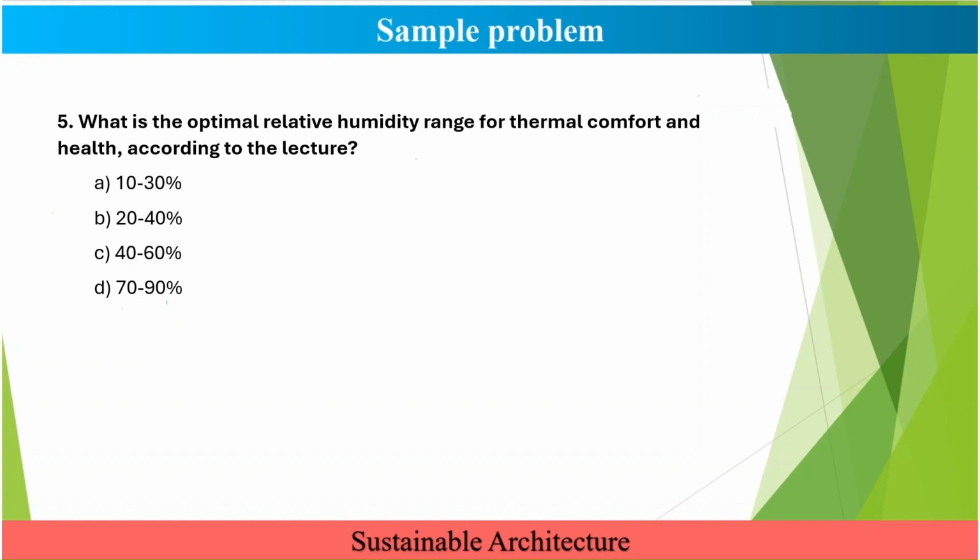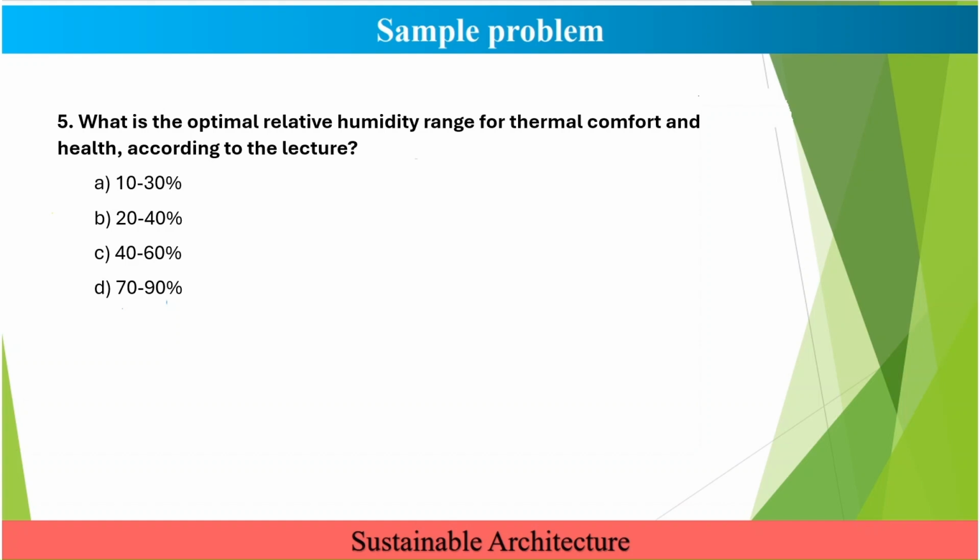The relative humidity range for thermal comfort and prevention of bacterial or viral growth is 40 to 60%, as it is explained in lecture 16. So B is not the right answer. Option C, which is 40 to 60%, is termed as the thermal comfort range for relative humidity in the psychrometric chart. Everybody is clear?